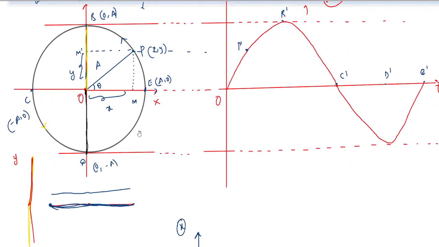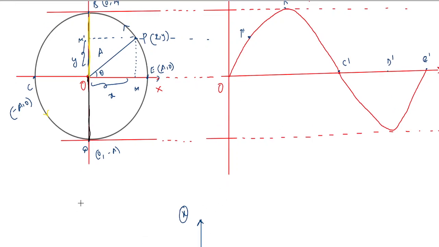If you want to find mathematically what the value would be, we can look at the triangle OMP. We saw that the graph would be a simple harmonic motion, but if you want to look at it mathematically, then from triangle OPM, if we look at sine theta, sine theta is equal to PM by OP, where OP is capital A, its radius, which is the maximum displacement.